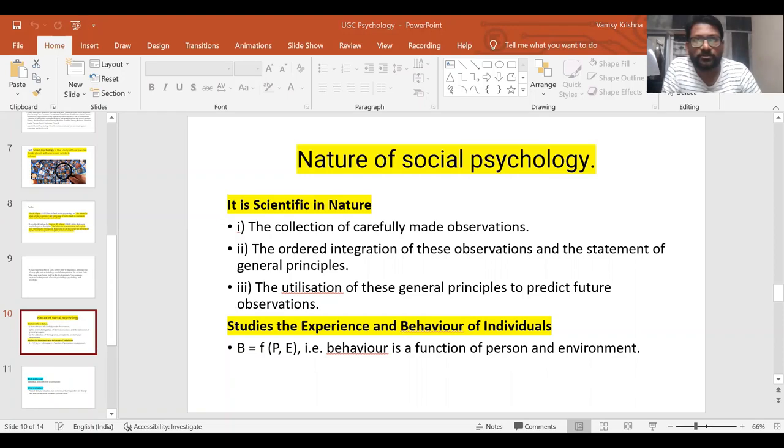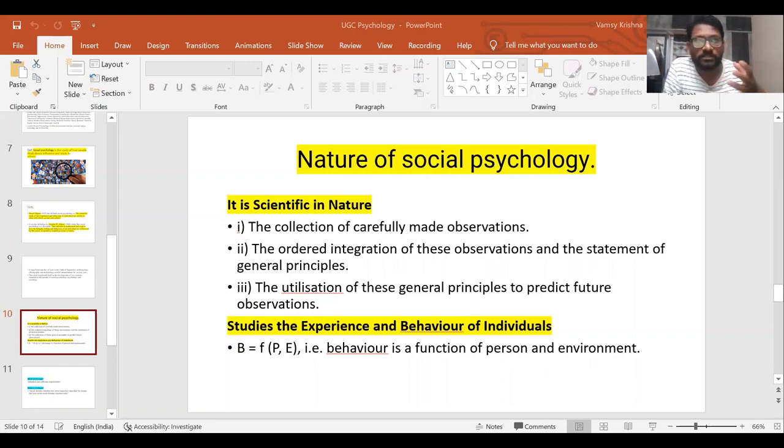Social psychology is the study of how people think about, influence and relate to others. It means that it is an interface of both psychology and sociology.